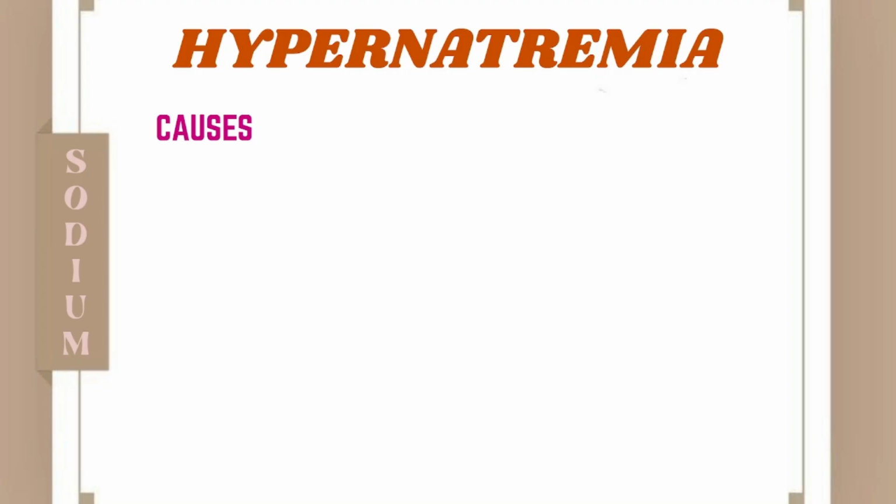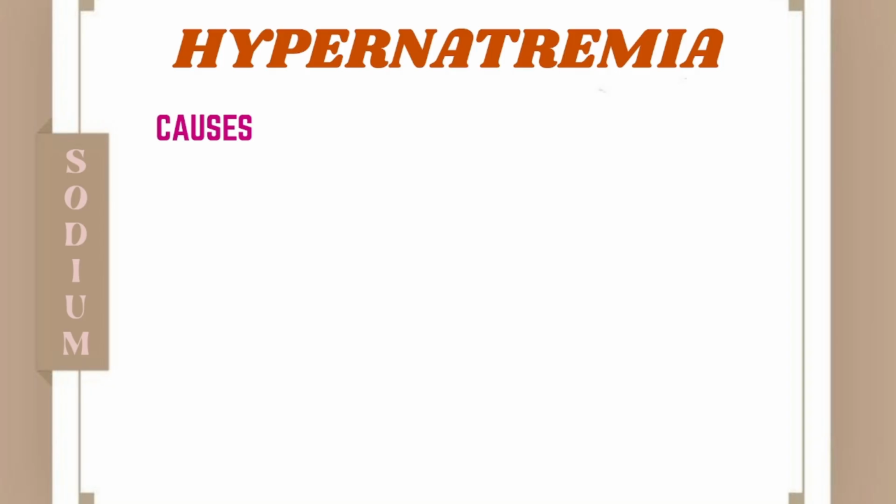Before discussing the mnemonic for causes, we know that it is a condition of hypernatremia. That means sodium is more than the normal concentration. In any type of imbalance, the main two causes are due to ingestion or due to excretion.